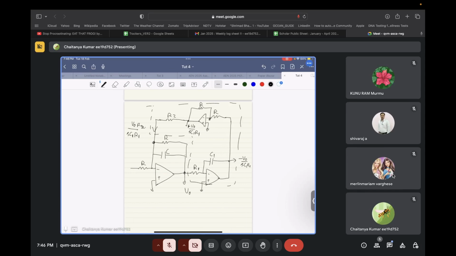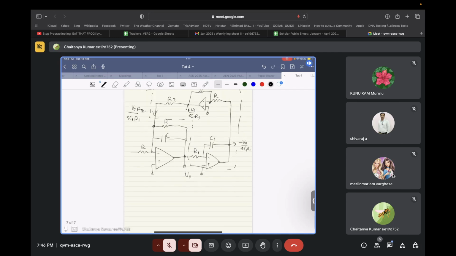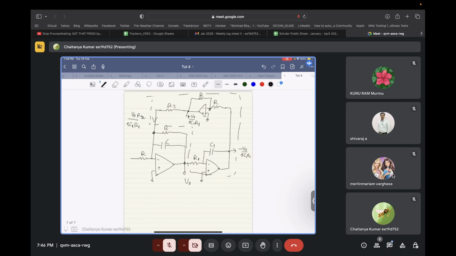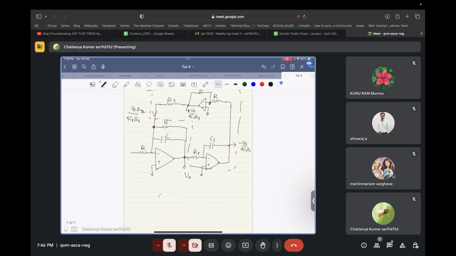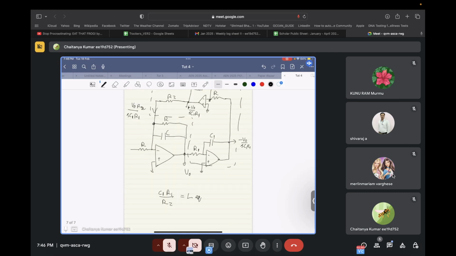So this complete circuit over here emulates an inductor. Correct? Now what will be the value of this inductance? The inductance will be C1 R1 by R2, which is the L equivalent. So if you wanted some inductance of value L, you will have to choose your C1, R1 and R2 in such a way that this expression leads to that particular inductance.